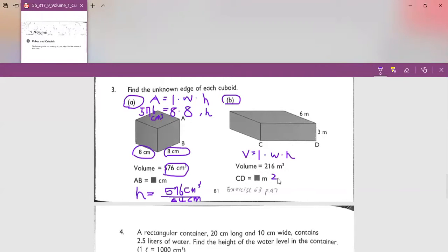Good job. 216 meters cubed, right? And this is equal to the length, which is this part. We don't have the number, we need to figure it out, times the width. This is the width, 6, times the height. The height is 3.